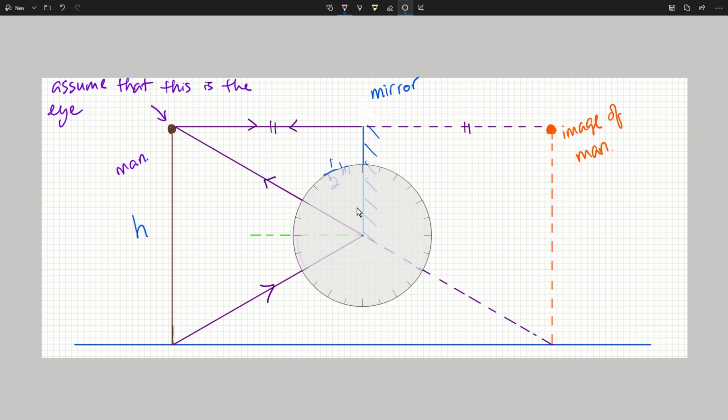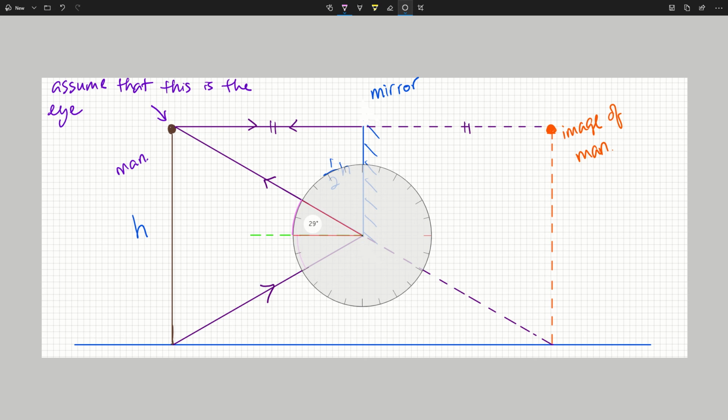How about I enlarge it and I draw another angle? It's about 29 degrees. So my angle of incidence is about 29 to 30 degrees. My angle of reflection is about 29 to 30 degrees. So in this case, I will say that this diagram is relatively accurate despite being drawn on the tablet.